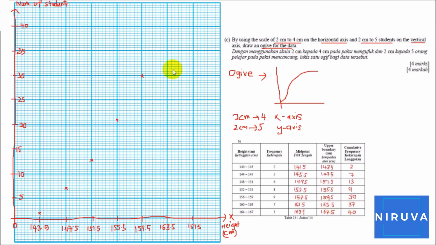Next is 37, 163.5, so 37, so 40, 167.5, so 40. So our graph will look like this. So make sure the line passes all the plots that we've drawn on the graph. So here is the ogive.